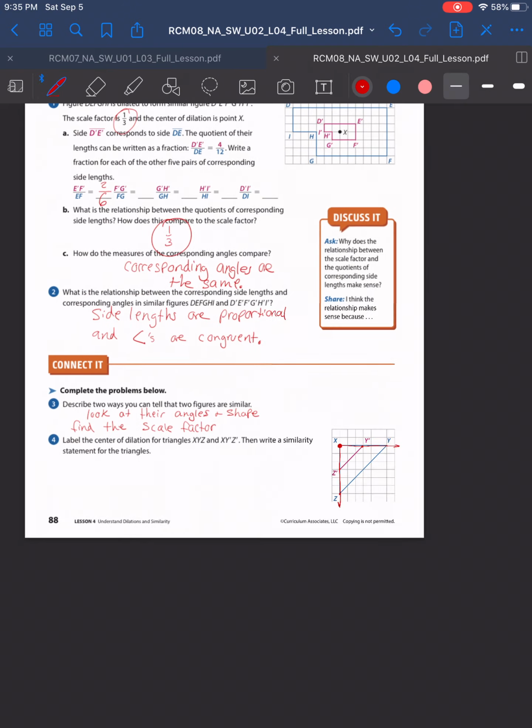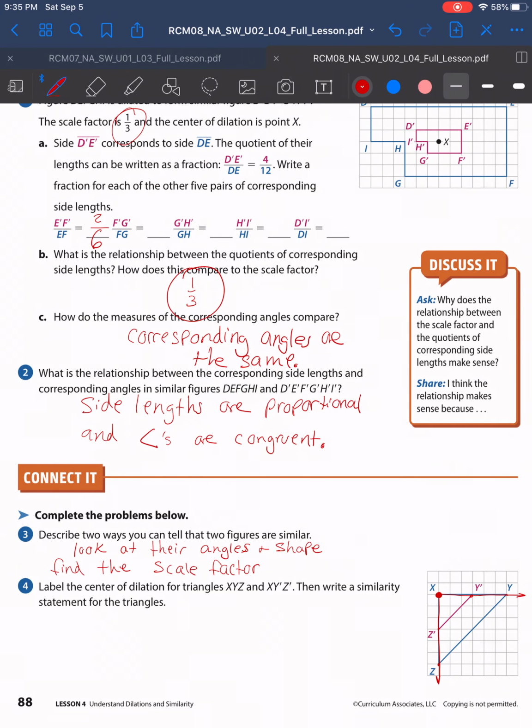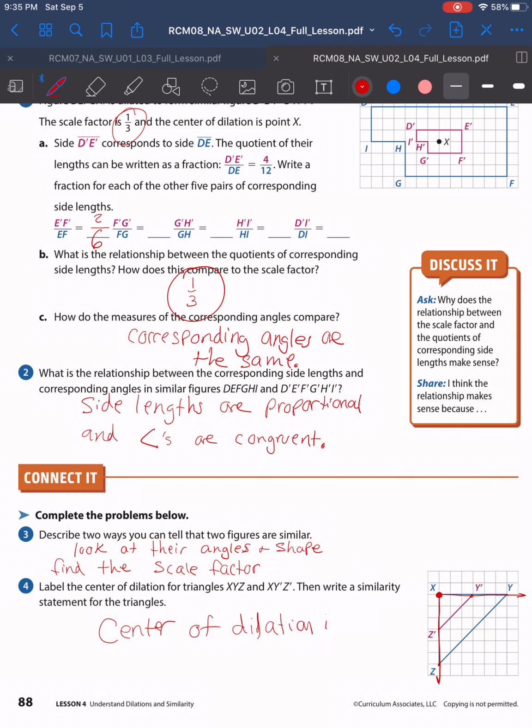At X. So that means that the center of dilation is X. Okay? And write a similarity statement. So that means triangle XYZ is similar to triangle XYZ prime.